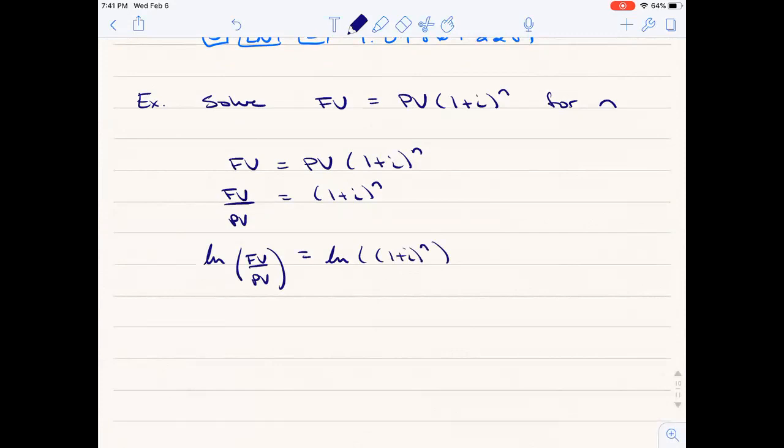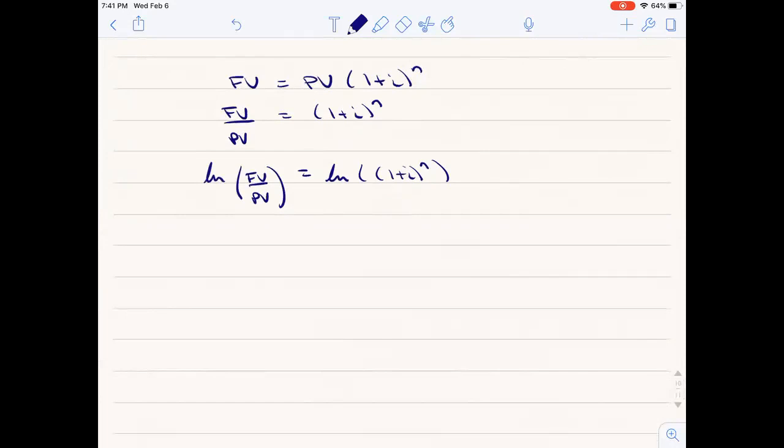Later on, what you'll find is I'll just bring that n down in front right away. So I'm not going to write this step, I'm just going to write this next step, and you can do that as well if you want. So the log of the future value over the present value is n times the log of 1 plus i.